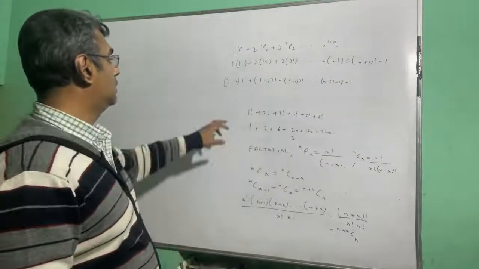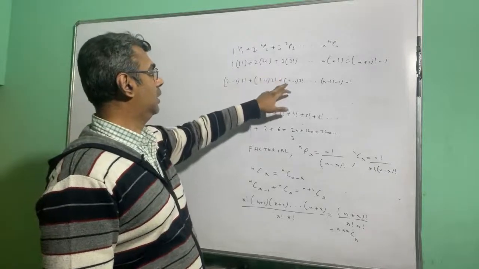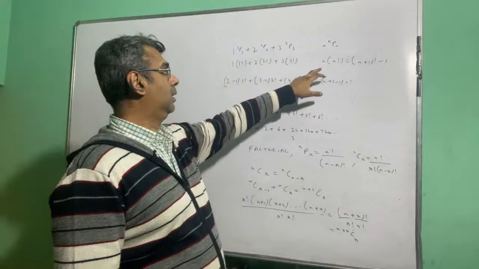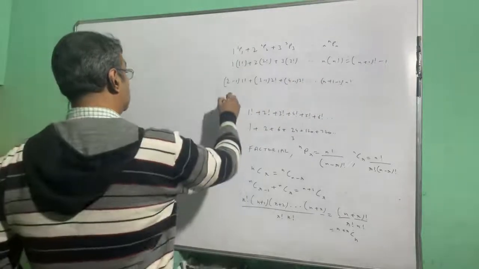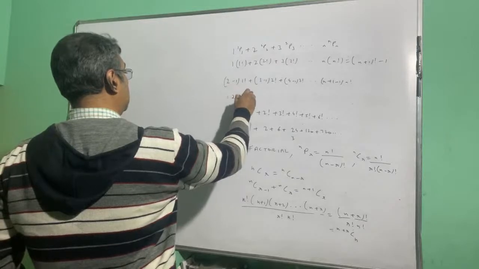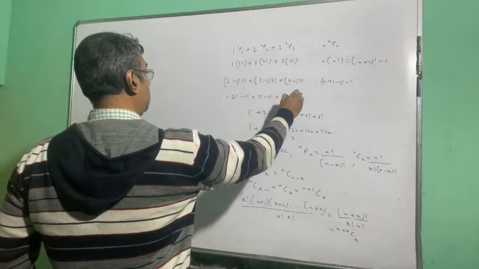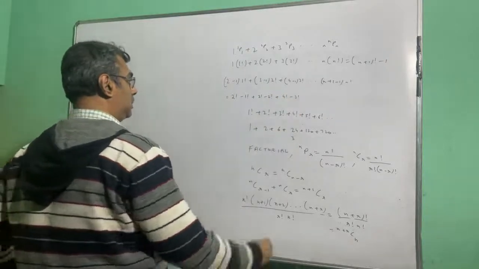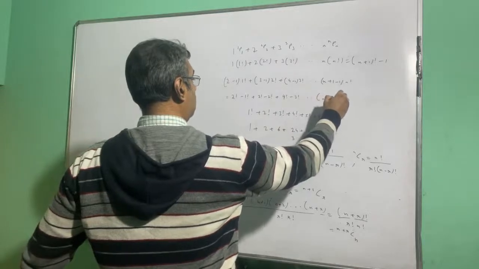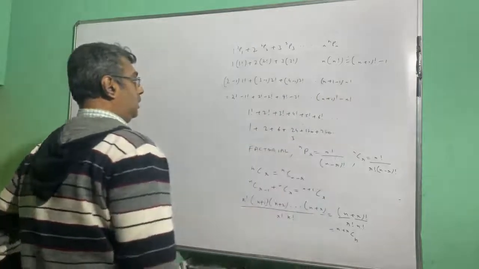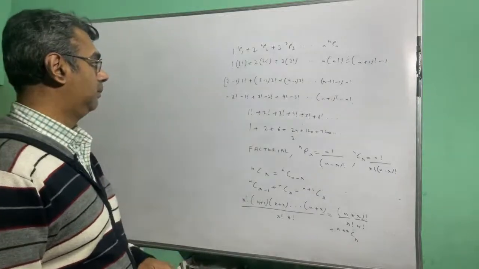Okay, now what you do is that 1 you write as 2 minus 1, 2 you write as 3 minus 1, 3 you write as 4 minus 1, and n you write as n plus 1 minus 1. So this will become 2 factorial minus 1 factorial plus 3 factorial minus 2 factorial plus 4 factorial minus 3 factorial, and the last one is n plus 1 factorial minus n factorial.